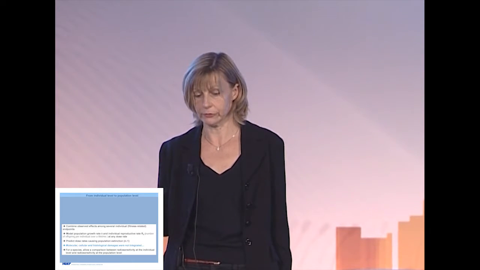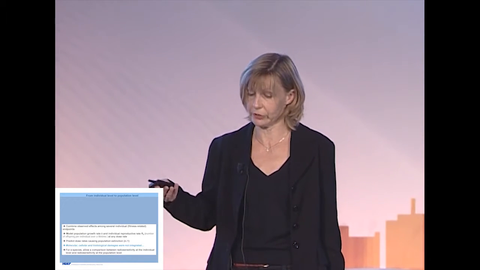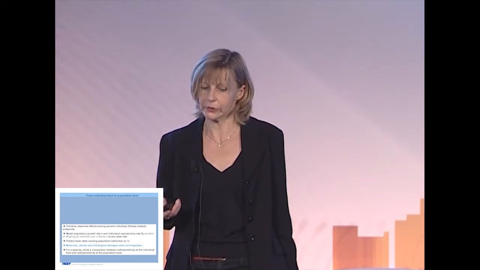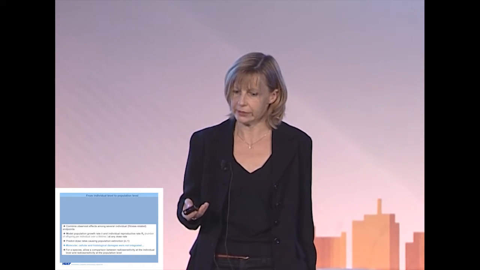And you are able to predict dose rates causing population extinction, which is a population-relevant endpoint that is of importance to interpret the ways the population of species evolves under any stressor in the environment. So this will allow you, for a given species, to compare between the radiosensitivity at the individual level and the radiosensitivity at the population level.